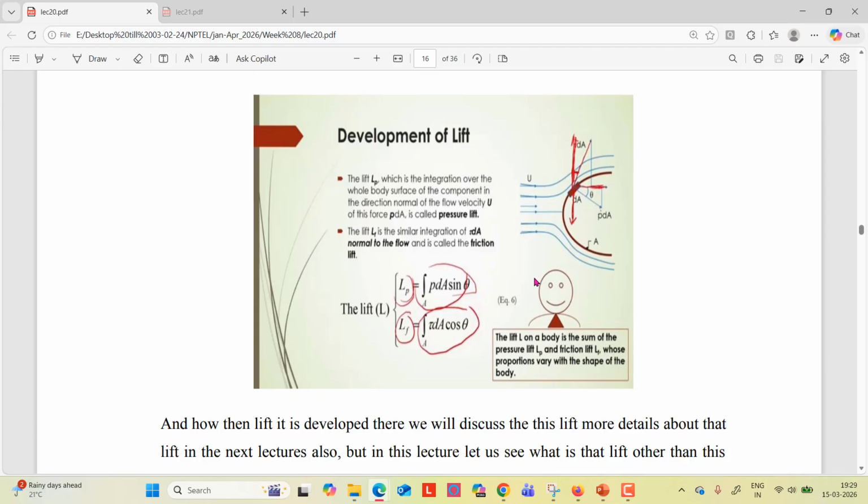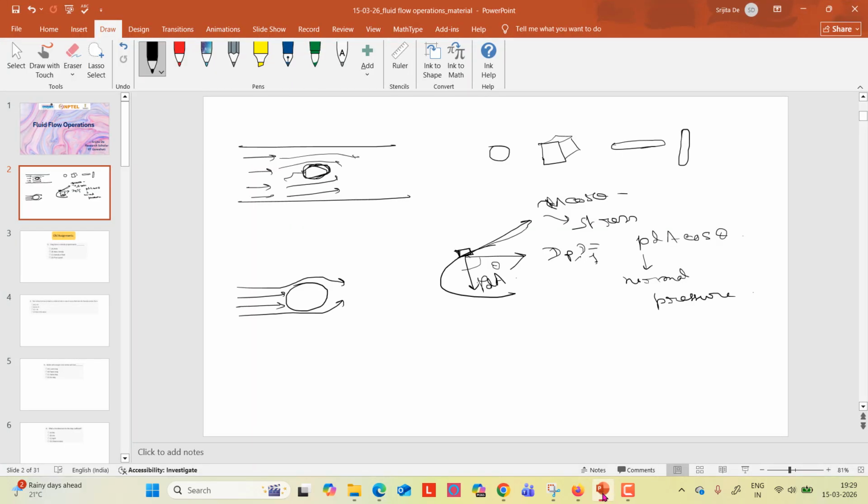Now for the lift case, in the same diagram, if you consider the perpendicular component of the P dA force, the perpendicular component will be this, right? So it will be LP, and for the tangential part, this will be LF.